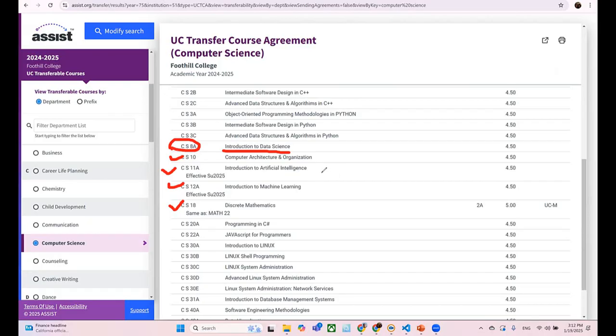And it's effective only summer 2025. So they are coming, and I would say this one will be super popular. Whether you can get it or not, I don't know, but you check if Foothill College does offer it.